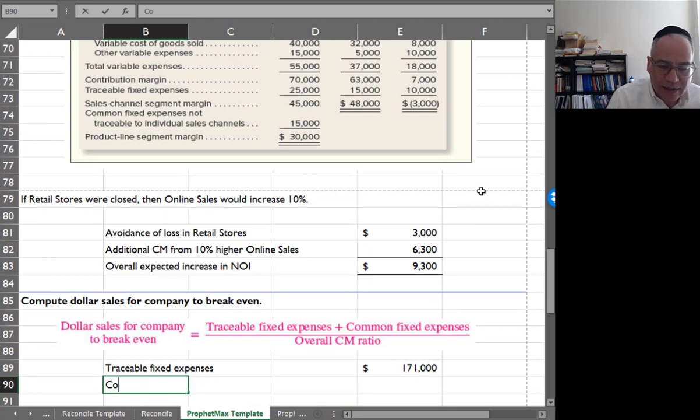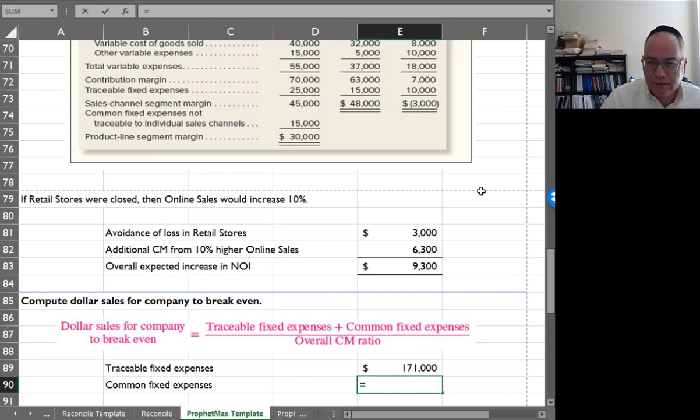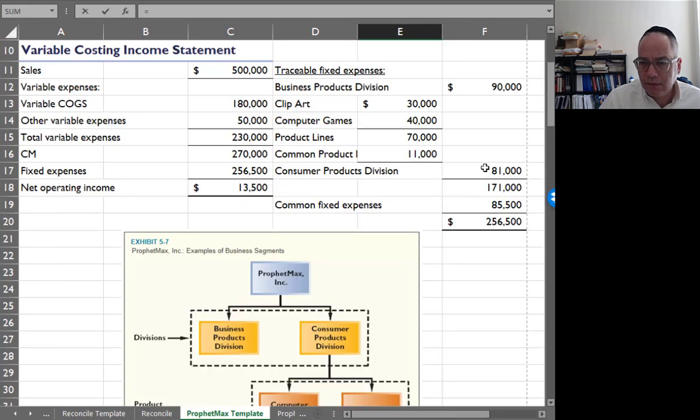It's also got common fixed expenses of $85,500. You have to be careful of that little typo.